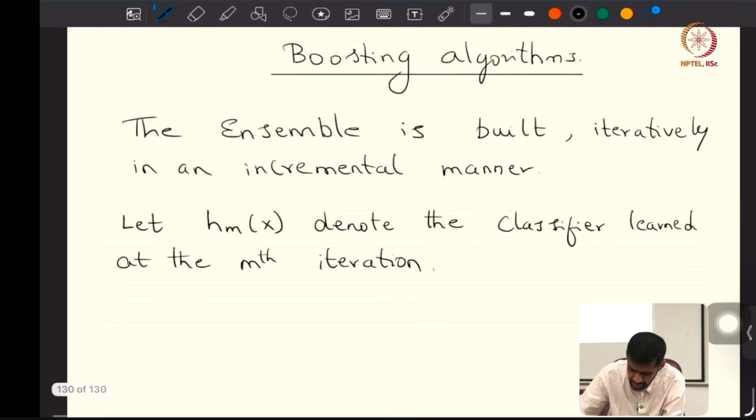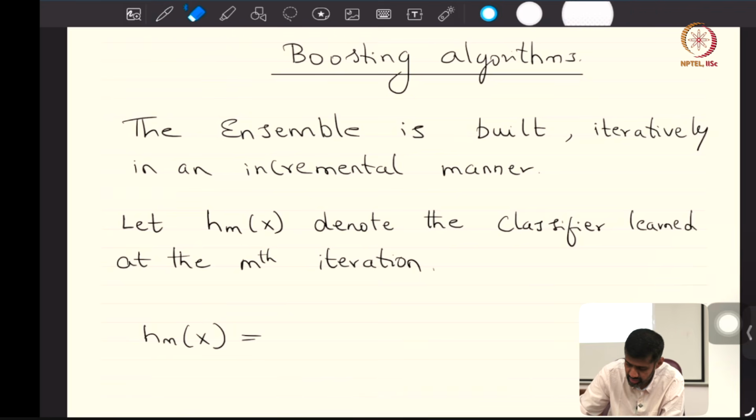Now, define H_m(x). I will have to use a different notation now.